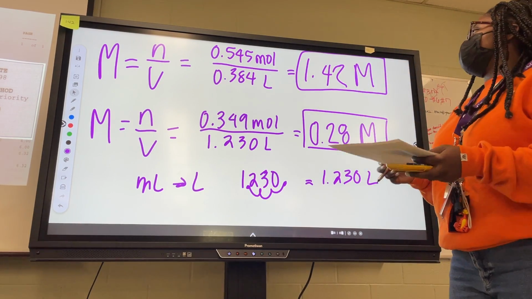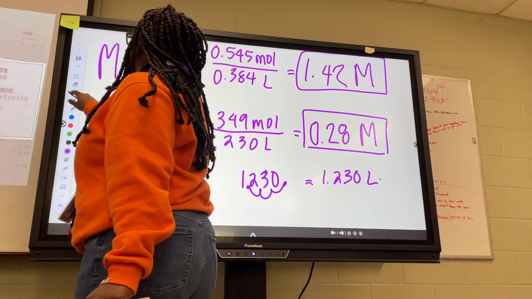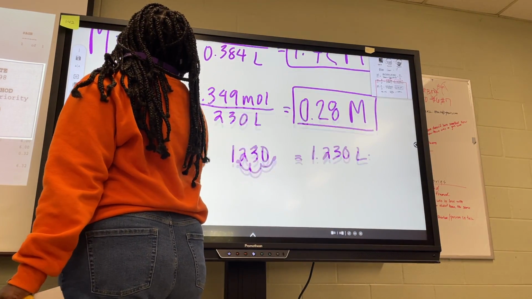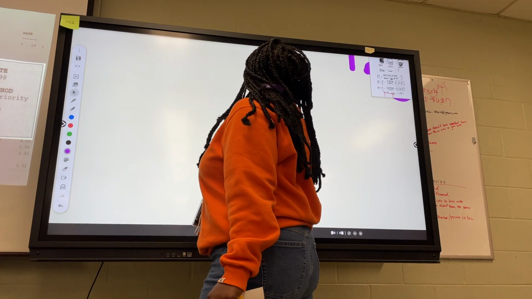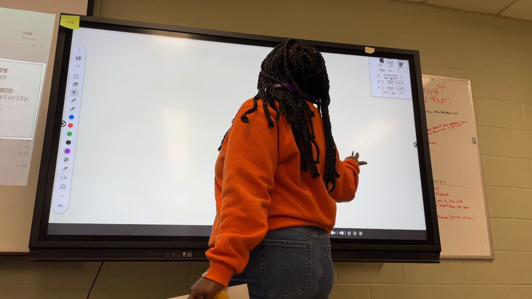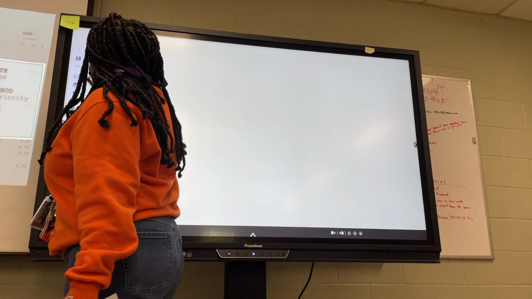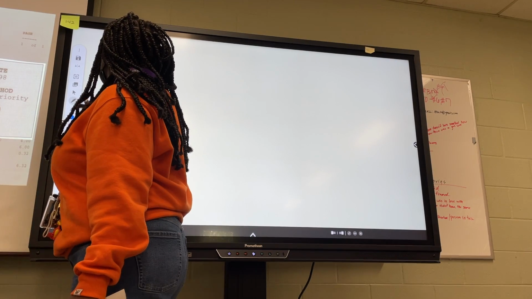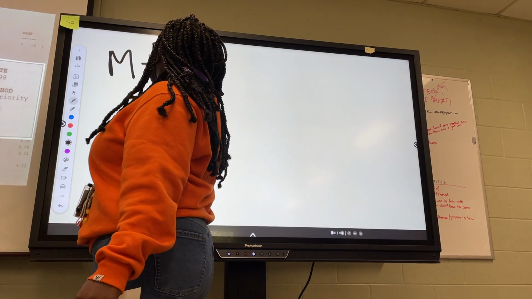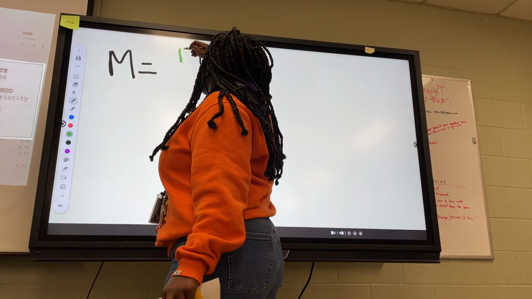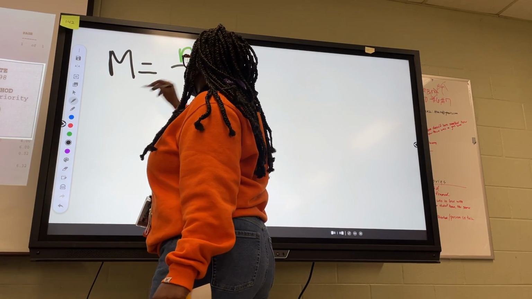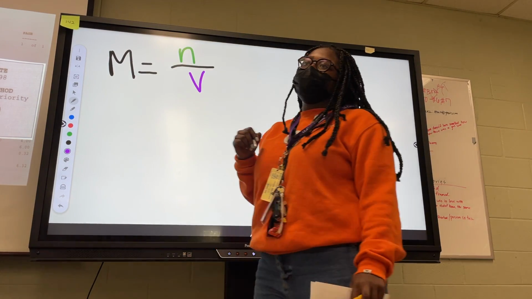Now, sometimes it's not going to be as straightforward and ask you for the molarity. Sometimes it's going to be a little bit more complicated and ask you for something else, such as the number of moles. All right, let's look. We got to derive this formula. So we have M equals N over V, right?